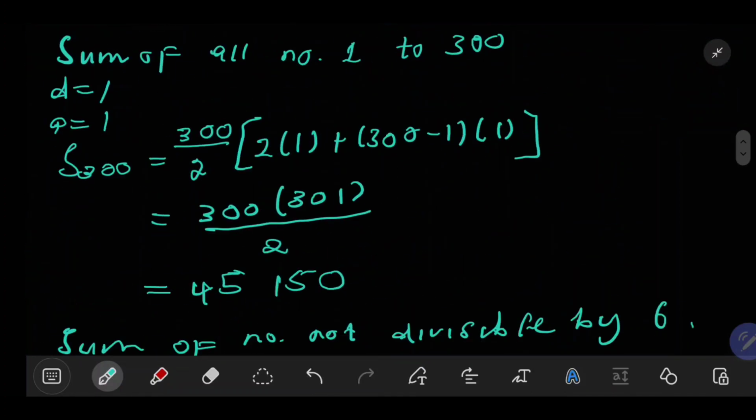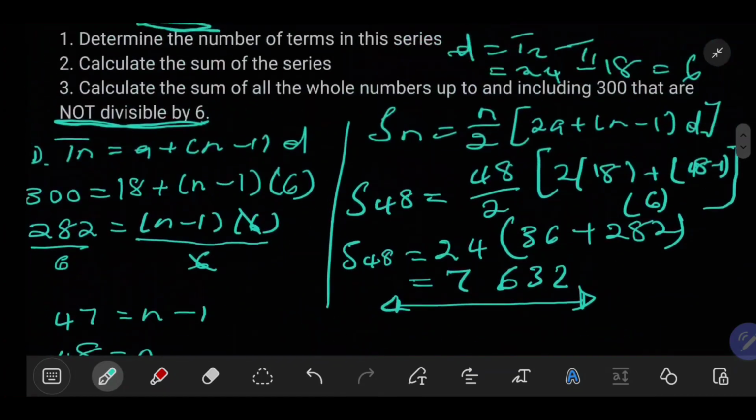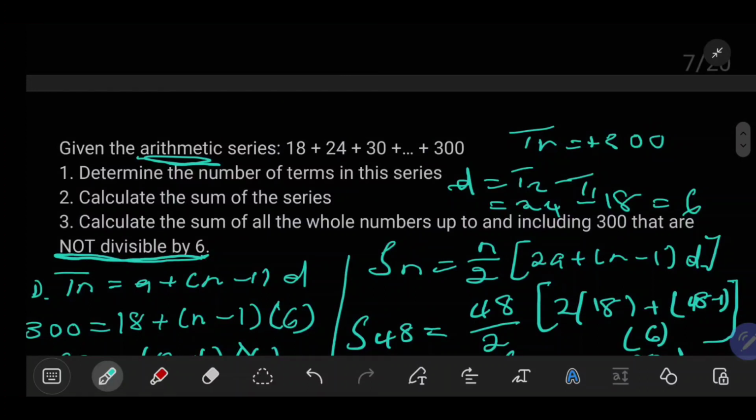Okay, and then we subtract 7,632. So remember, we are subtracting all the terms that are divisible by 6, but here we start from 18 to 300.